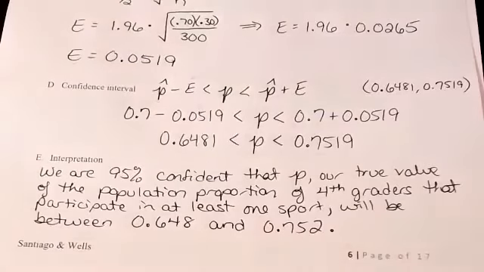We are 95% confident that P, our true value of the population proportion of fourth graders that participate in at least one sport, will be between 0.648 and 0.752.